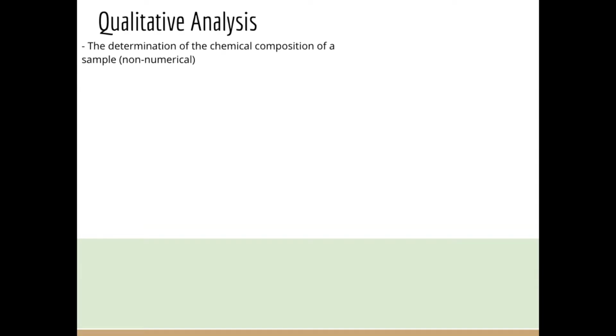Essentially, it's identifying an unknown substance, as opposed to a quantitative analysis, where you might get a mass value or a concentration value or a volume value. You get numerical data. In a qualitative analysis, you're getting non-numerical data, information about the chemical composition of a sample.